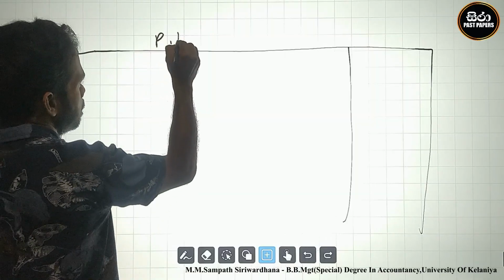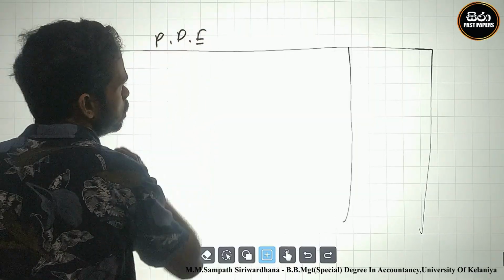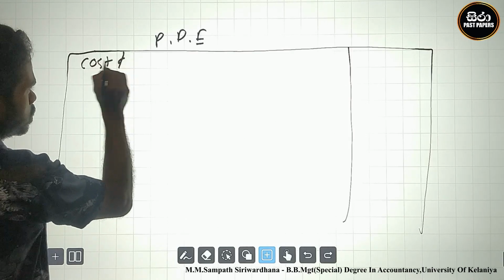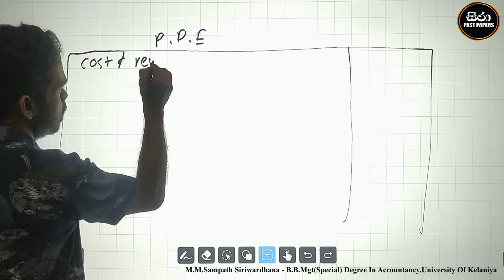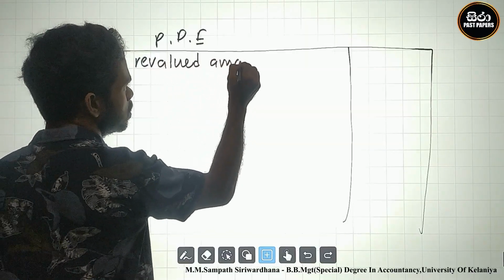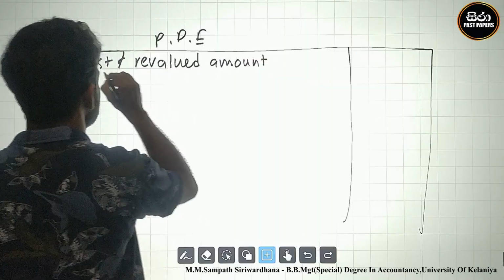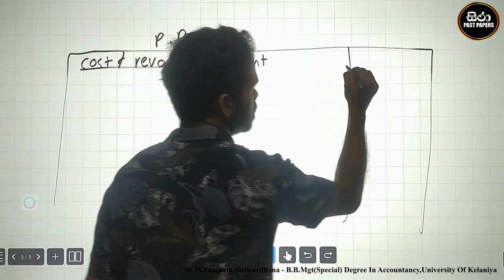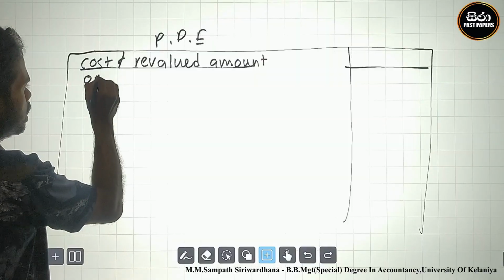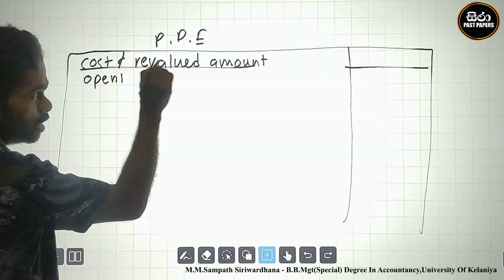This is the PPE note. Firstly, we identify cost and revalued amount. After that we identified opening balance based on this topic.